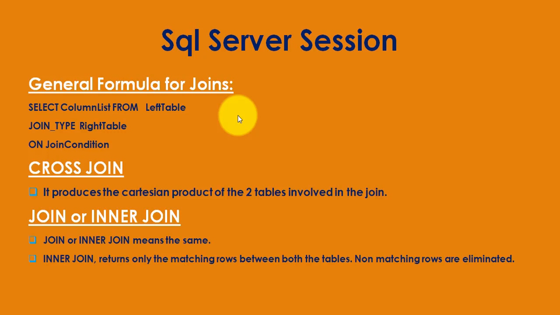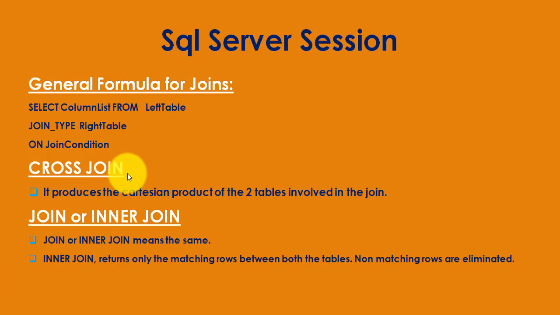Join type means inner join, left join, cross join, left outer join, right outer join, full join, or full outer join. Right table is table department. On clause is followed by the join condition, that is table employee dot department ID equal to table department dot ID. The on clause is used for every join except cross join.